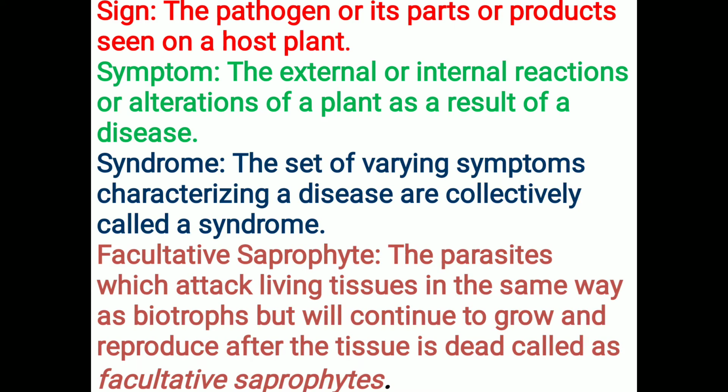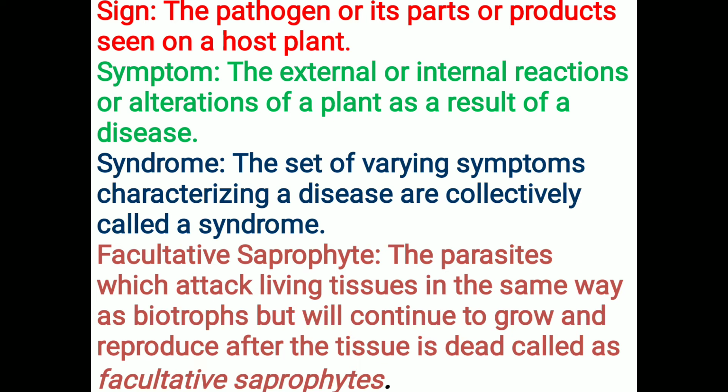The next one is the sign. Sign is the pathogen or its parts produced on the host plant. That means any infectious agent which is exactly responsible for causing the disease. It is diagnosed after microscopic observation.